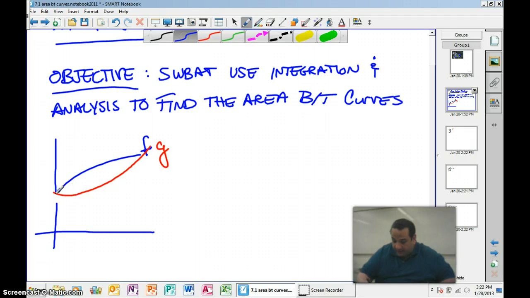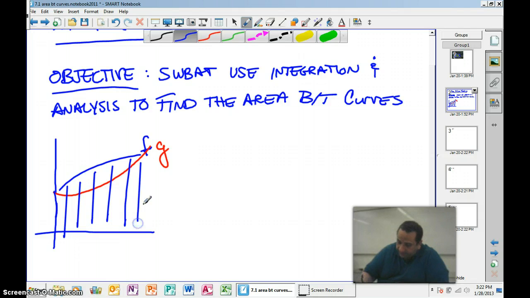All area is measured to the x-axis. So if I wanted to look at F's area, it would be all of that. If I wanted to look at G's area, it will be all of this.